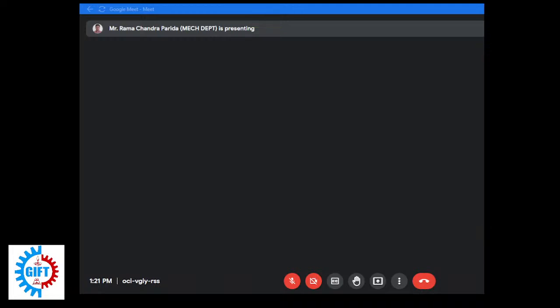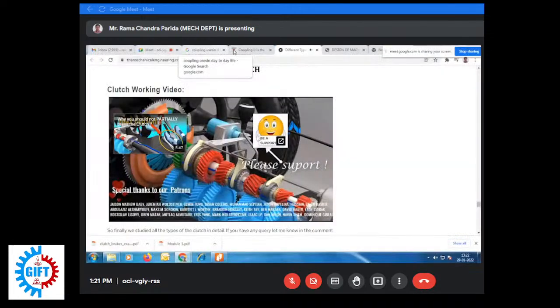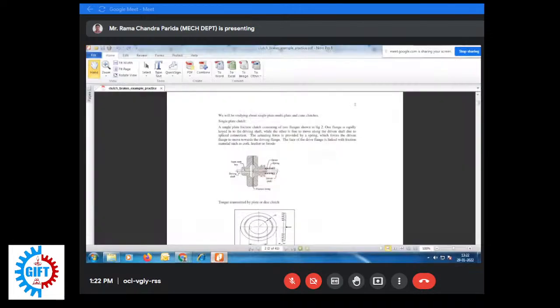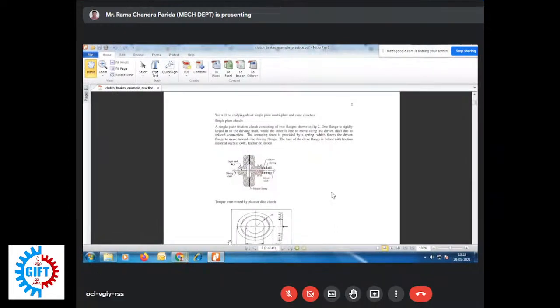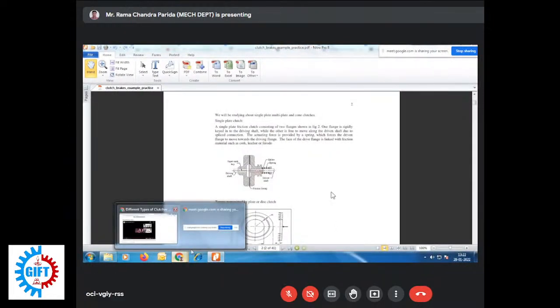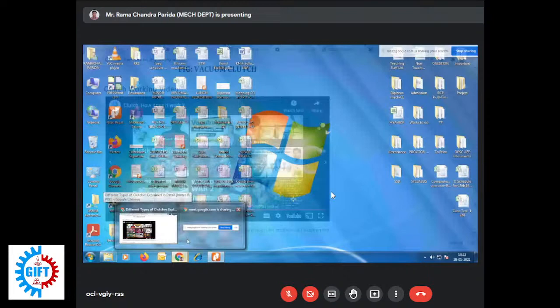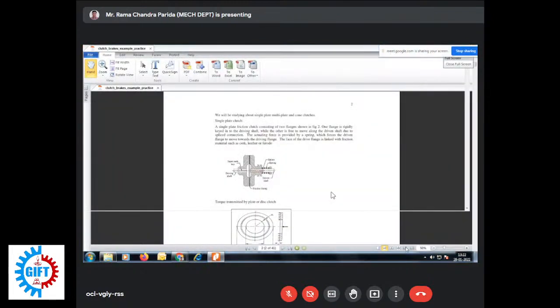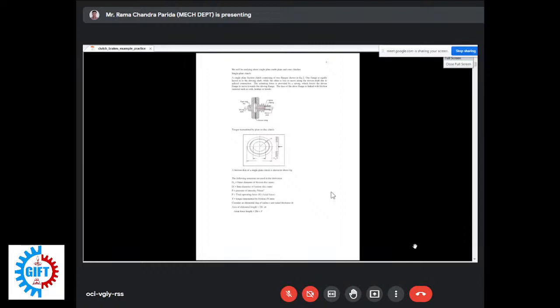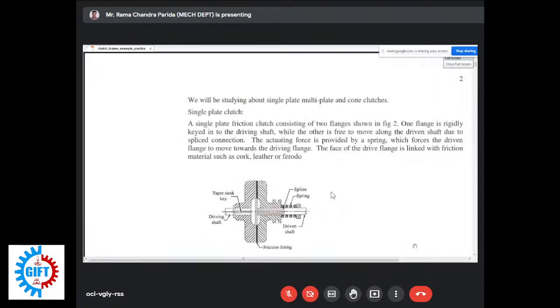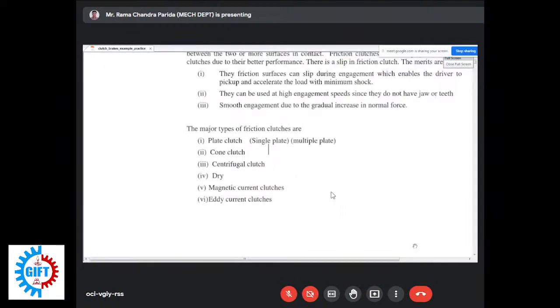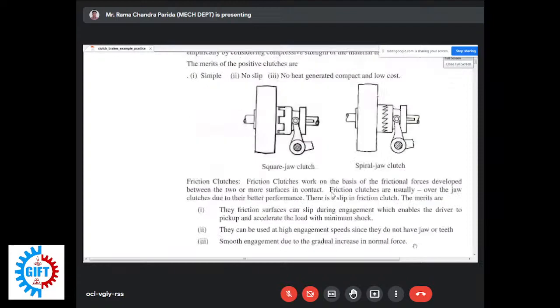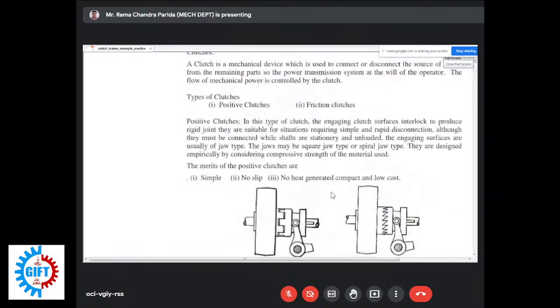This is all about how a clutch works. We move to the next topic. So from the basic definition point of view, you can define it in this way.